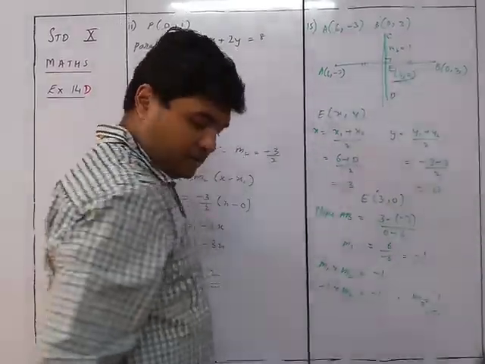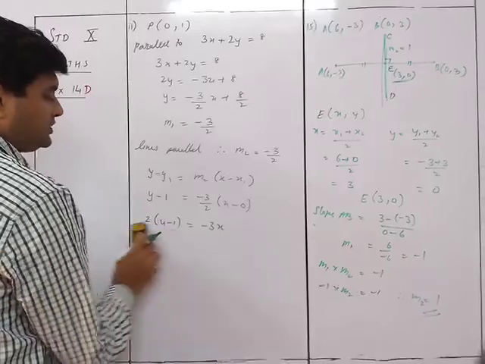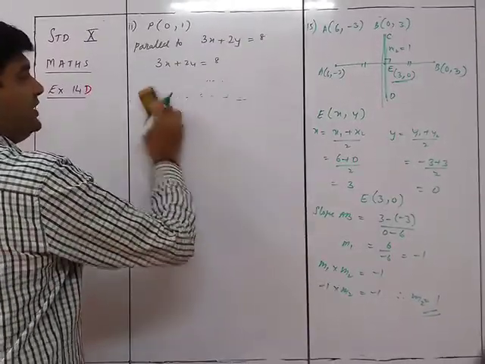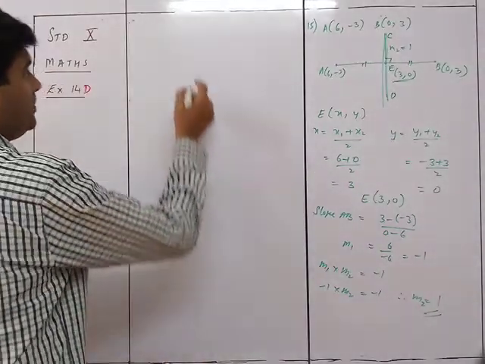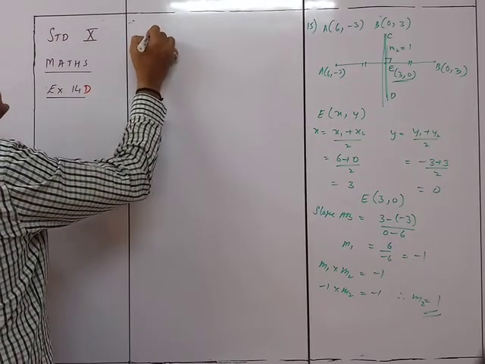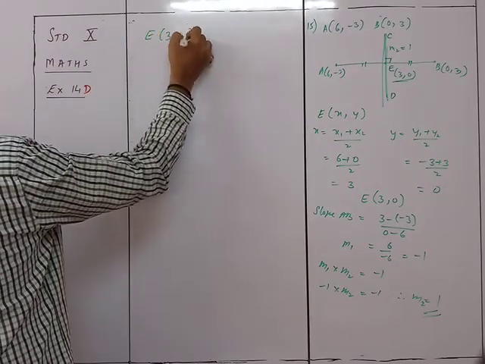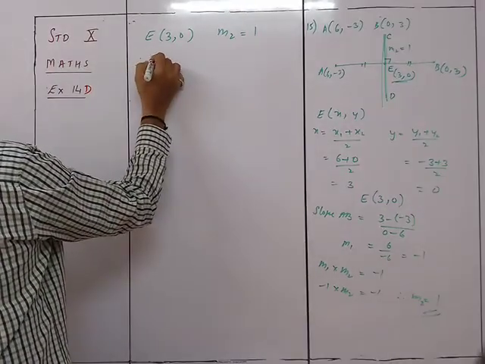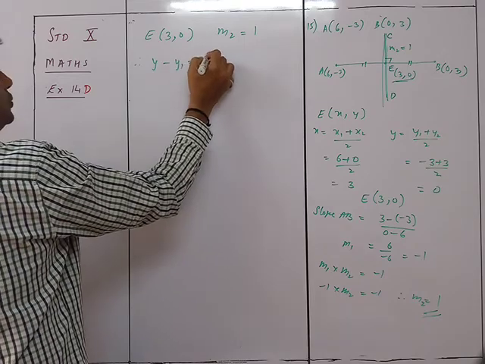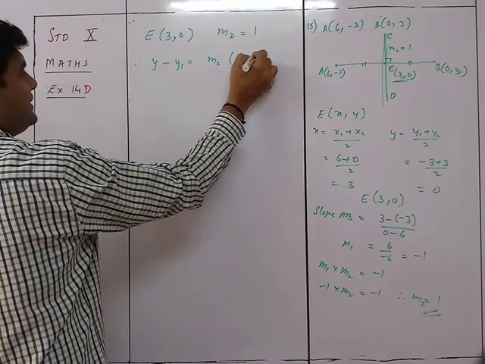The point is this one. So I use the point slope method to find the equation of the required line. We have E as 3 comma 0 and m2 equals 1. Therefore y minus y1 equals m2 times x minus x1.